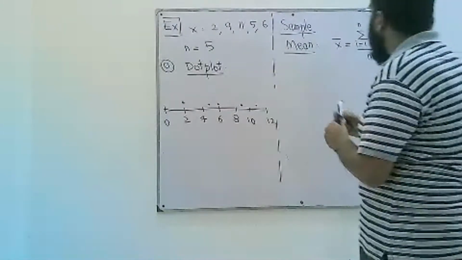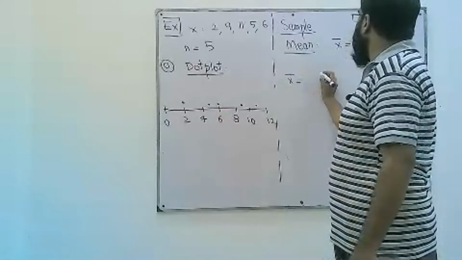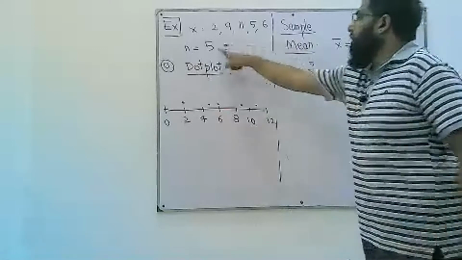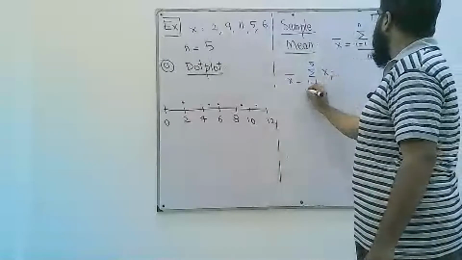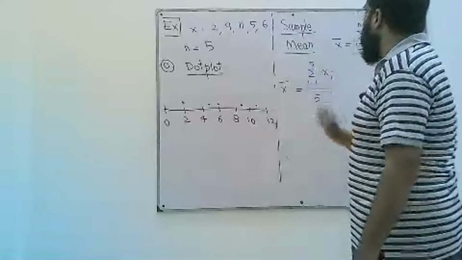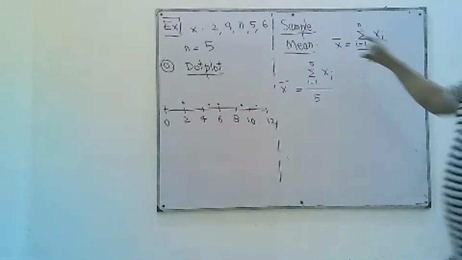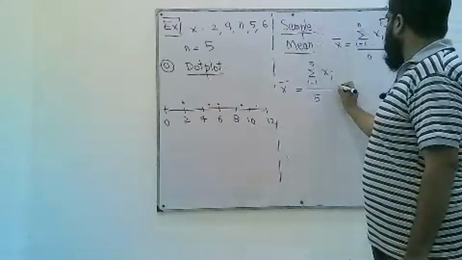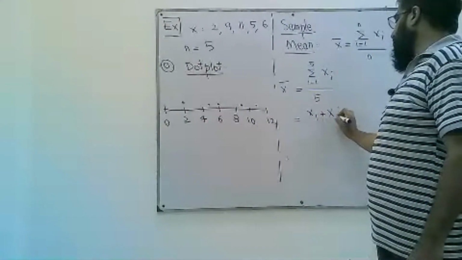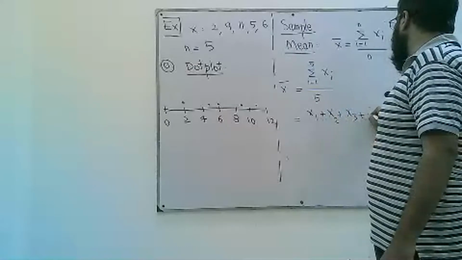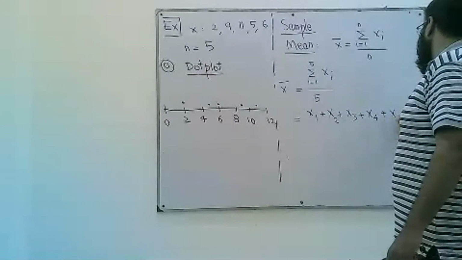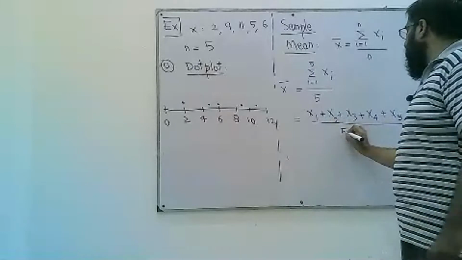So this is very simple. X mean is summation from 1 to 5, because n is 5 now, xi over 5. This is x bar, the sample mean. So what we have to do is we can expand this by writing x1 plus x2 plus x3 plus x4 plus x5 divided by 5, and then put these values.